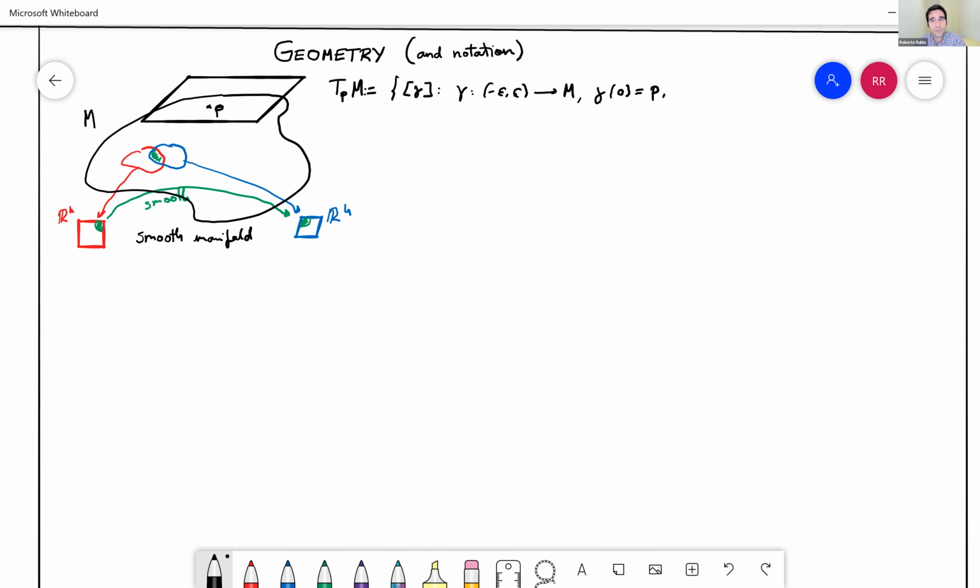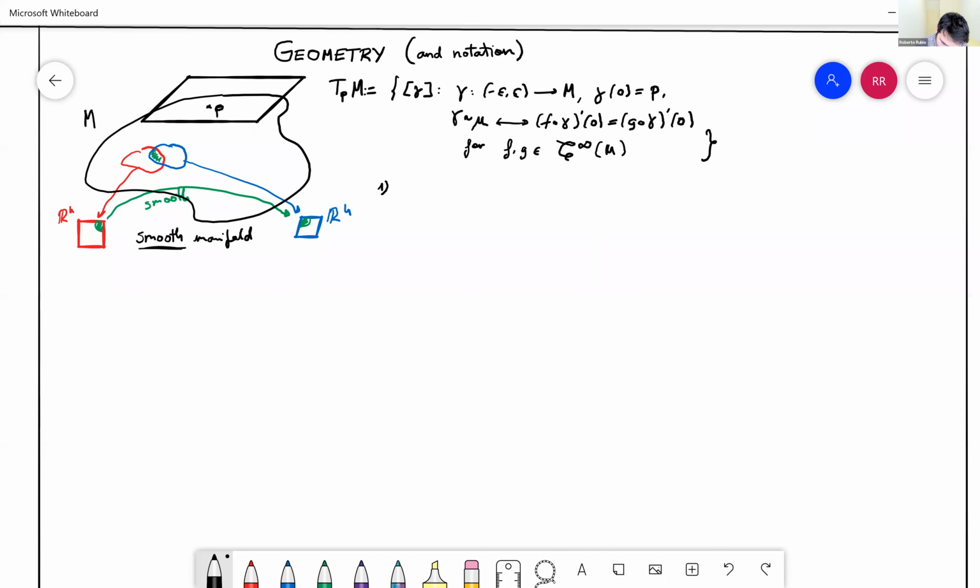I put those brackets because there is an equivalence relation: two are equivalent if and only if the derivatives at 0 are the same, and this I do for functions from M to R. Let me call this space C^∞(M), the smooth functions, because I put a smooth structure on a manifold in order to do calculus and analysis on it. In particular, smooth functions are the ones such that when I compose with the chart, I get a smooth function. So this is just a vector space at a point.